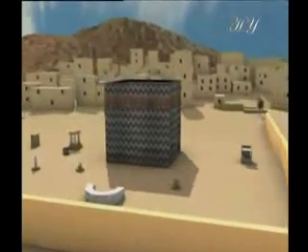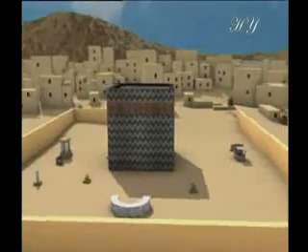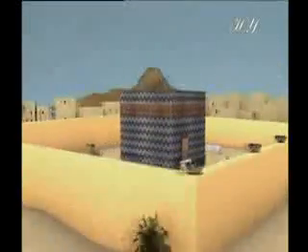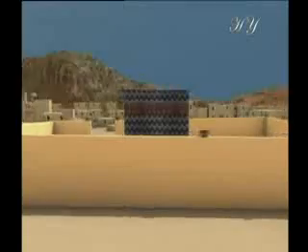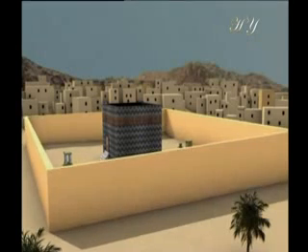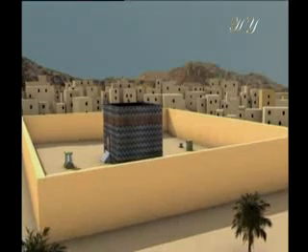New extension was then carried out during the time of the Caliph Uthman and Abd Allah ibn al-Zubayr. Extension work continued during the reign of the Umayyad rulers.